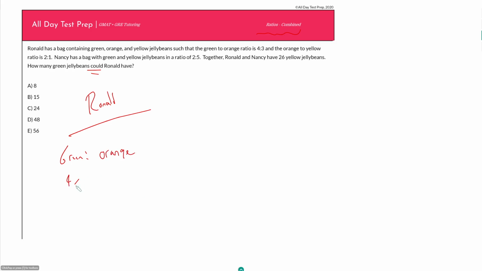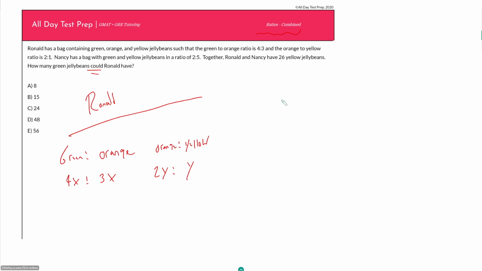So we'll say 4x to 3x. And then he also has orange to yellow in a ratio of 2:1. Here we gotta call that 2y, y, because we have separate ratios.